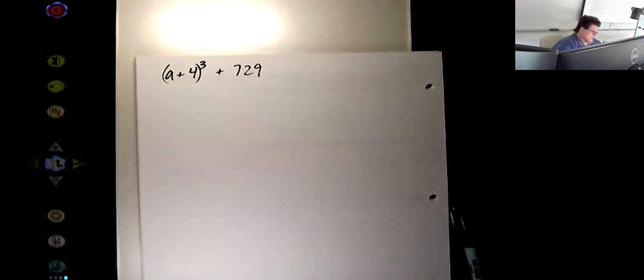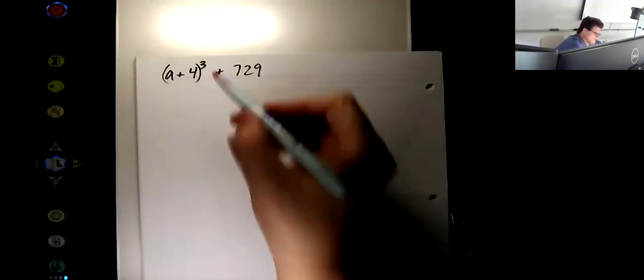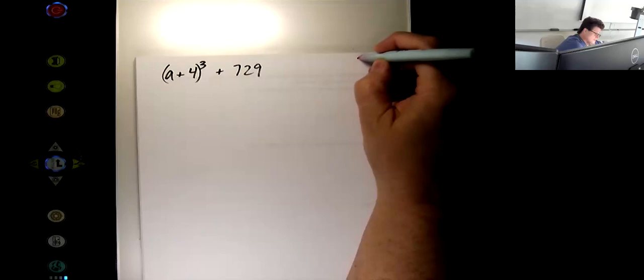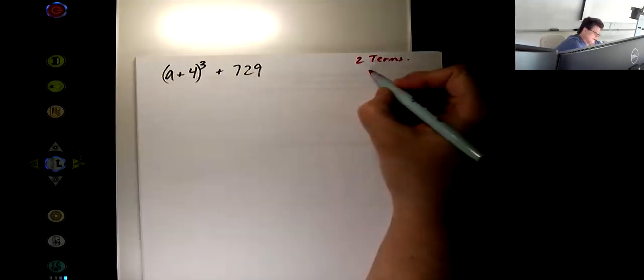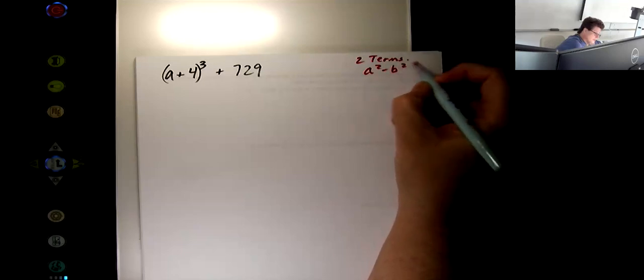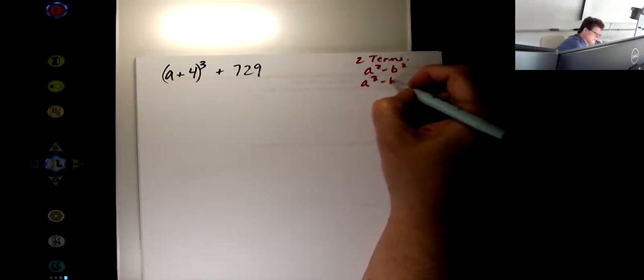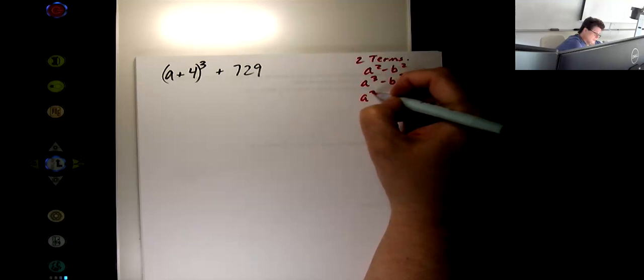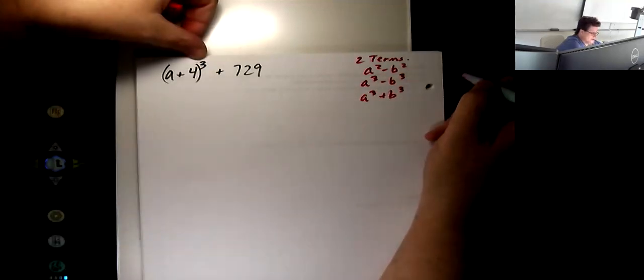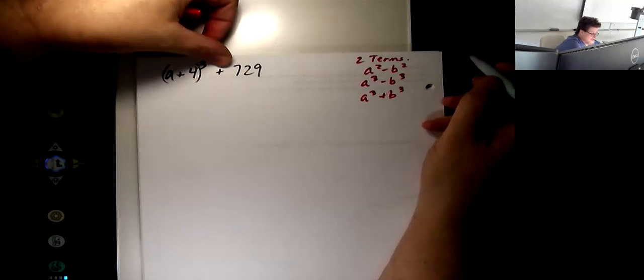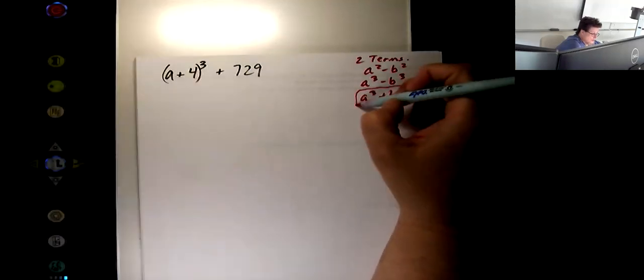So this looks to me like we've only got two terms. When we have two terms, we only have three options. We can have an a squared minus b squared, an a cubed minus b cubed, or an a cubed plus b cubed. This has a cube on it and it's got a plus, so I'm guessing this is what we're looking for.